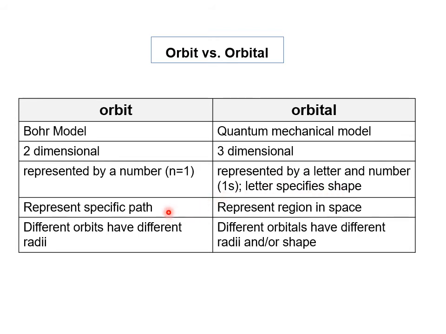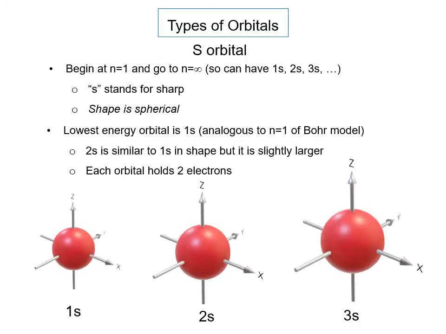The orbits represent a specific path, whereas the orbitals represent a region in space, a probable path. Different orbits have different radii, same shape, different radii, whereas different orbitals have different radii and/or a different shape as well. So let's talk a little bit more about the orbitals and the different shapes of the orbitals.